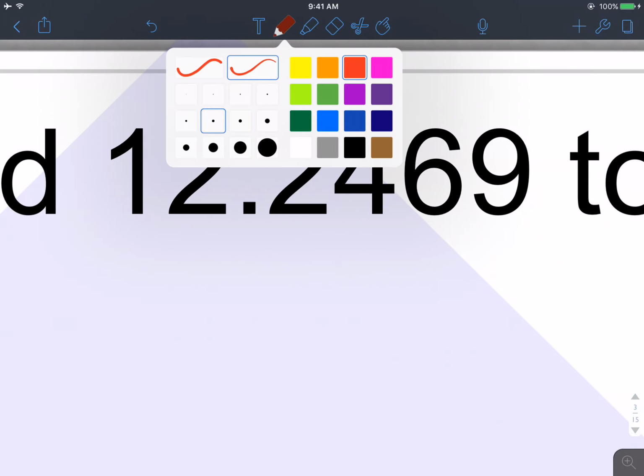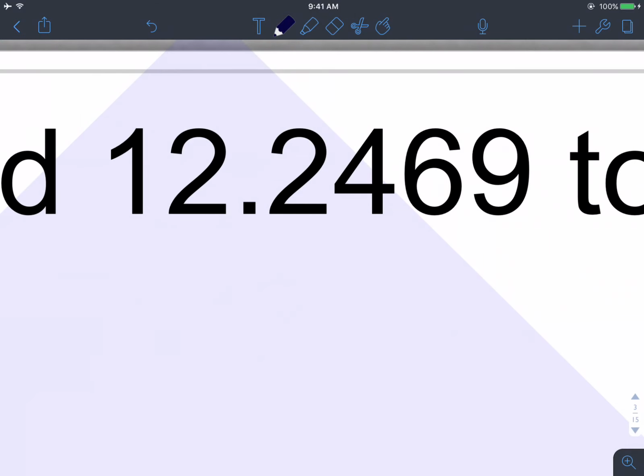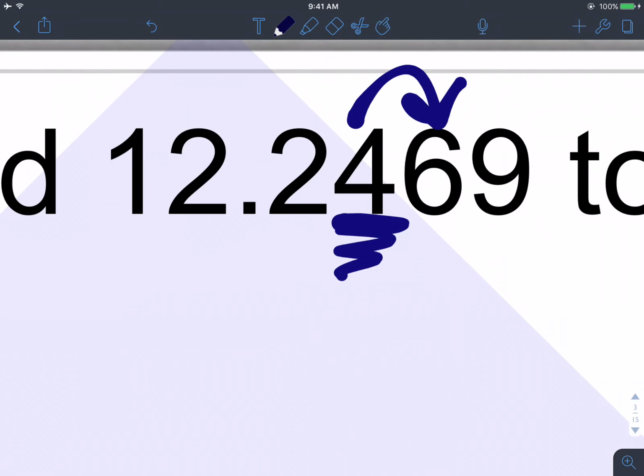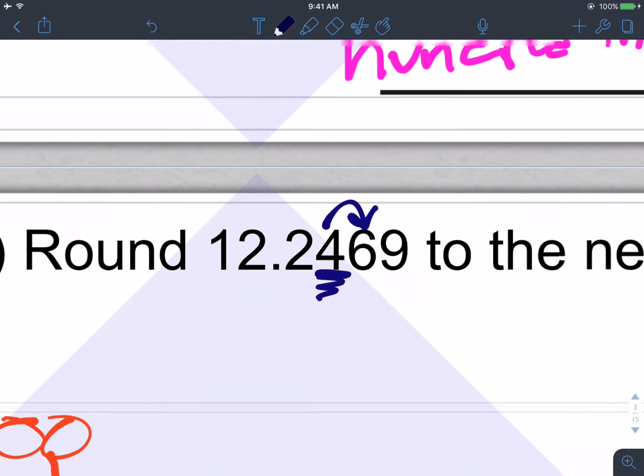What is the 100th decimal? So look at the next number after that. Go higher. All right, so let's make that 12.25. Okay, so that's our 100th.